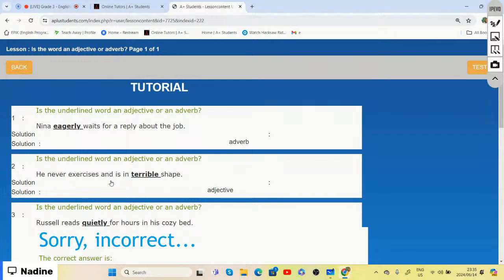So, Nina eagerly waits for a reply about the job. We need to say if that is an adverb or an adjective. Is eagerly an adjective or an adverb?